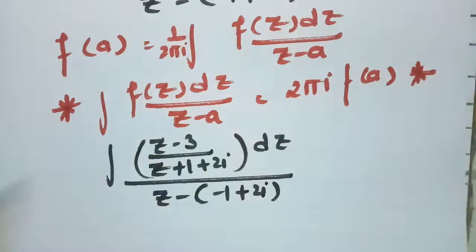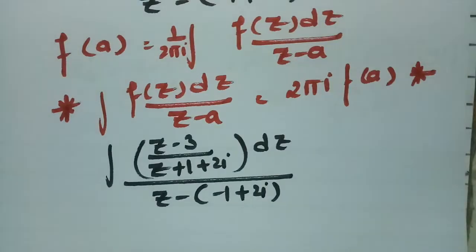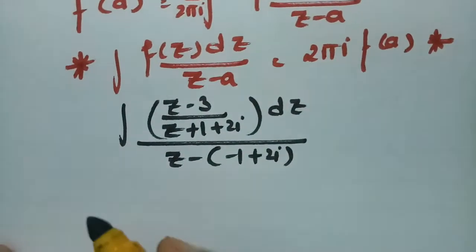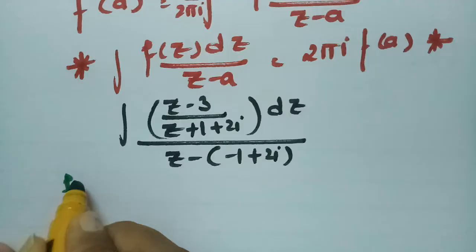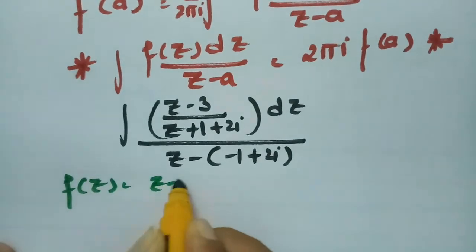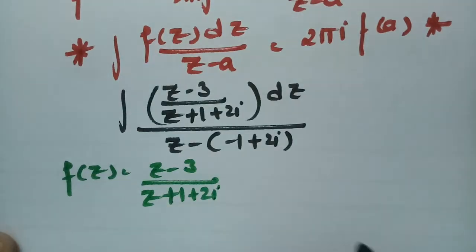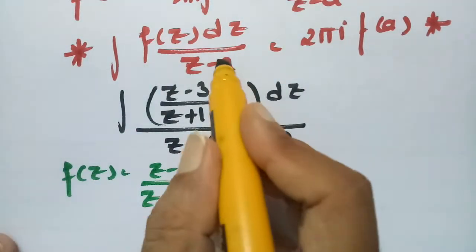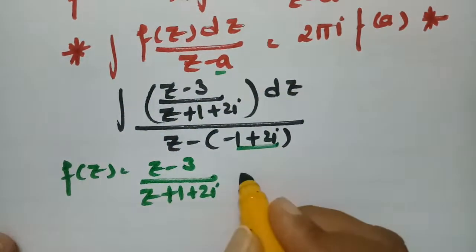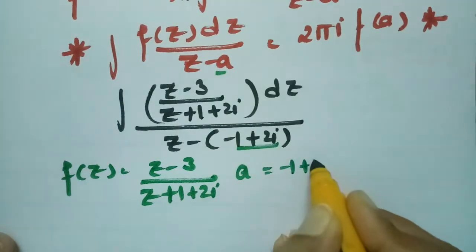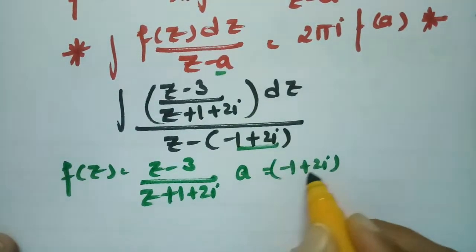So when we compare this, what is f of z? The f of z value is nothing but z minus 3 by z plus 1 plus 2i. And see what the value of a is. So a is very clear as minus 1 plus 2i.